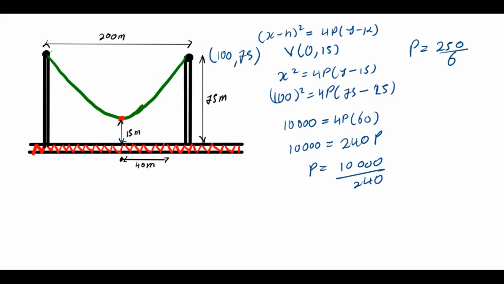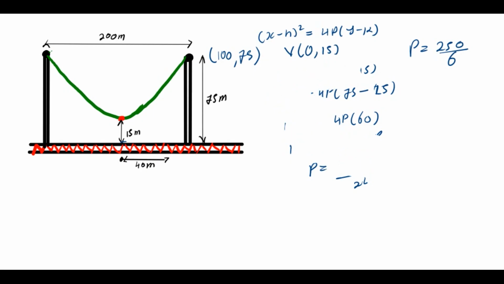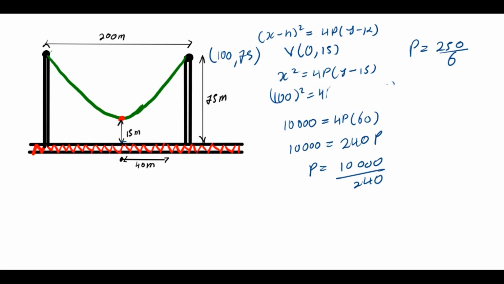It's just a matter of looking for values, or even if you don't simplify it, it's still okay. If you say 10,000 divided by 40, you get 250. Then 240 divided by 40, you get 6. That's where I got that from. So we now have our p.